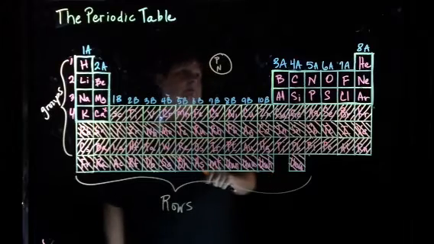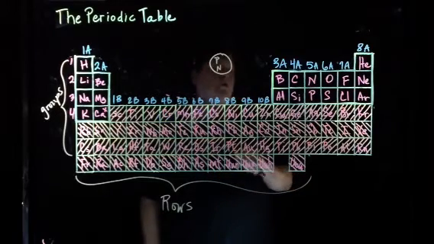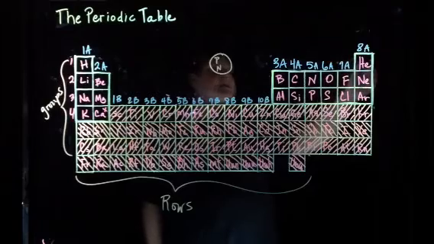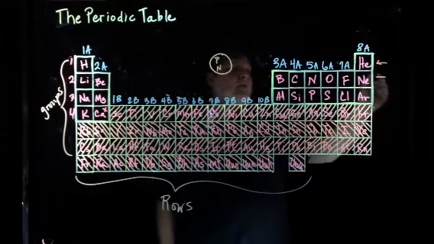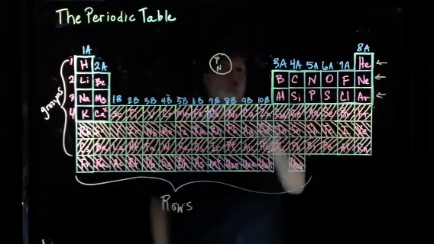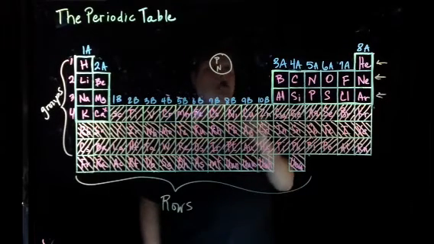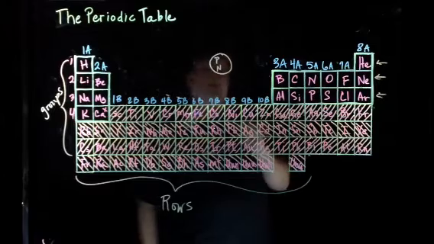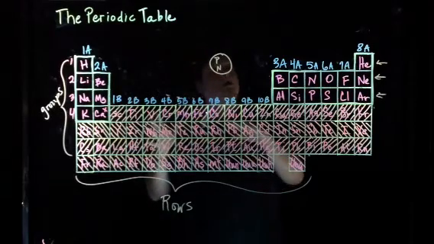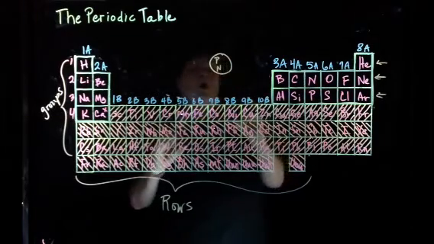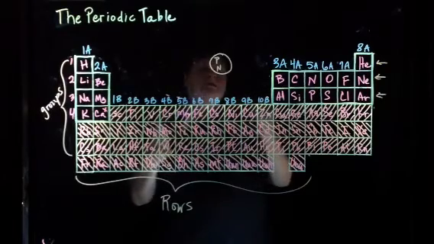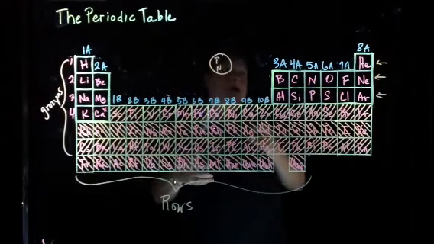Now, let's talk about those orbitals. Those orbitals are going to represent each row that we have, and each orbital can hold a specific number of electrons. Now, we are going to look at what we call the octet rule when it comes to the electrons in the outer orbital.